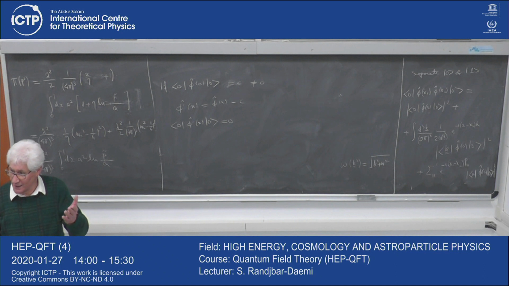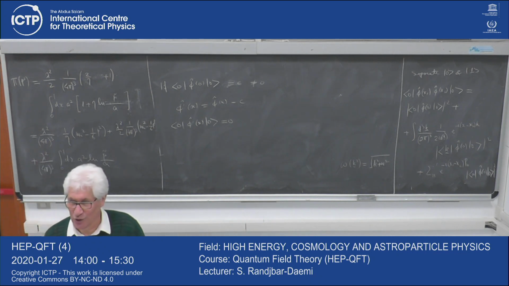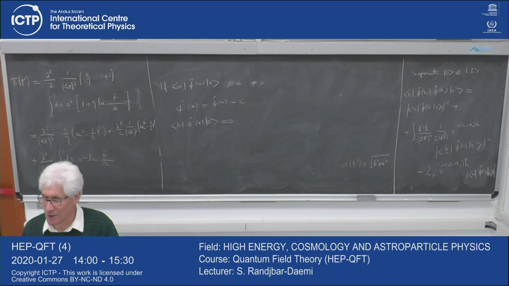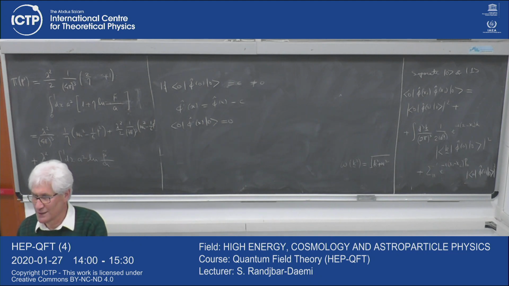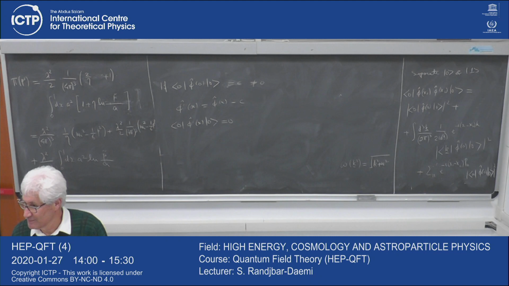Okay, phi to power 3, if instead of phi you replace phi plus a constant to power 3 and expand it, you will get not only phi to power 3, you also get some constant times phi squared plus some constant times phi plus some constant cubed, the constant by which you are shifting. That's the expansion of phi cubed. Okay? So we have to remember that this shift will imply that the coefficients of the terms in the Lagrangian will change.